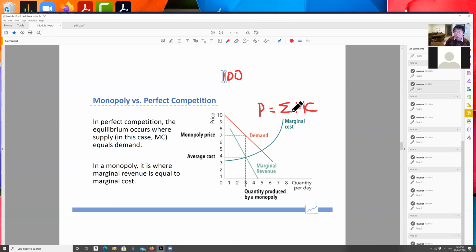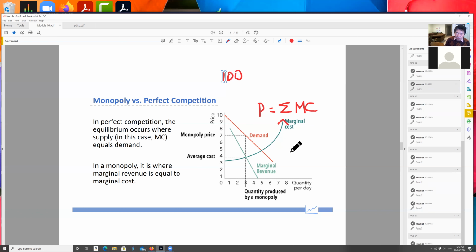Price equals marginal cost for each one of these 100 firms. So let's say that this is the horizontal sum. This Greek letter sigma means sum, okay? Horizontal sum of individual firms' marginal cost curves. So this is the aggregate marginal cost curve of all the 100 firms.